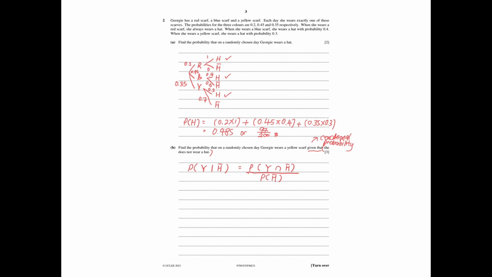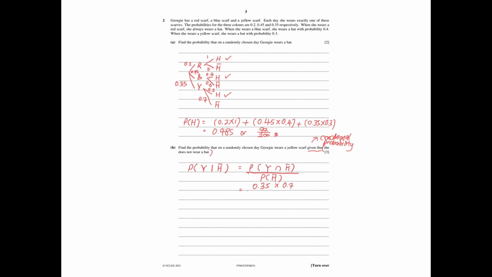And after that, we look at our tree diagram here. Our concern is the probability of Y intersect no hat. As you can see in the tree diagram, the probability of Y and no hat is the last way, which is 0.35 multiply with 0.7.